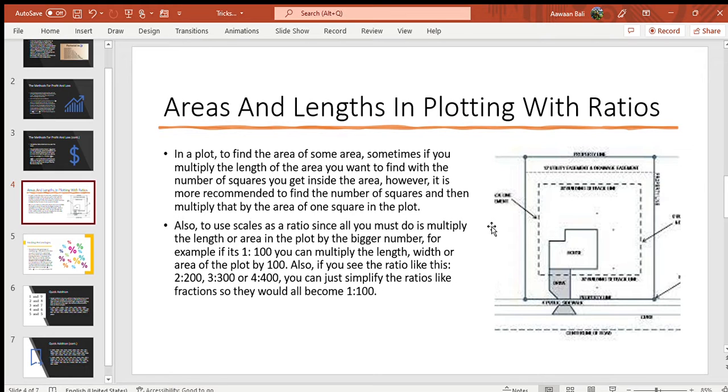Also, to use scales as a ratio, you have to multiply the length, width, or area in the plot by a bigger number. For example, if it's 1:100, you can multiply the length, width, or area of the plot by 100, because 100 is the bigger number here, and 1 is a smaller number.